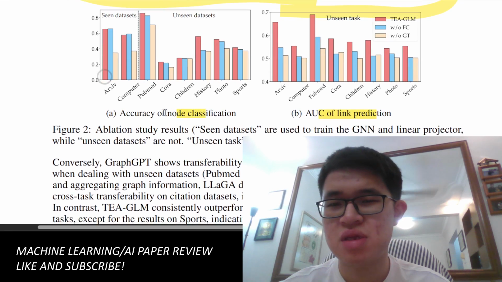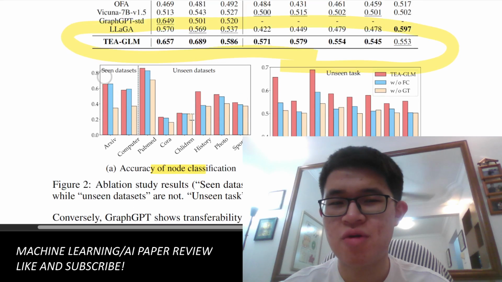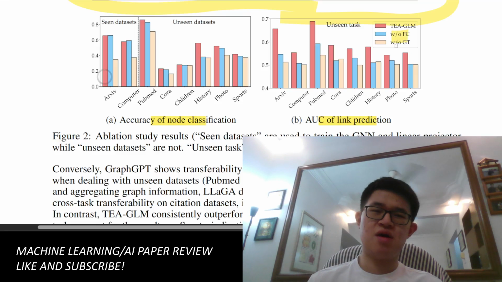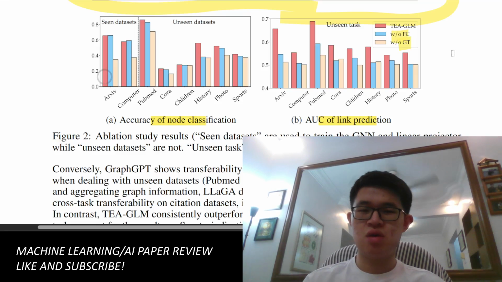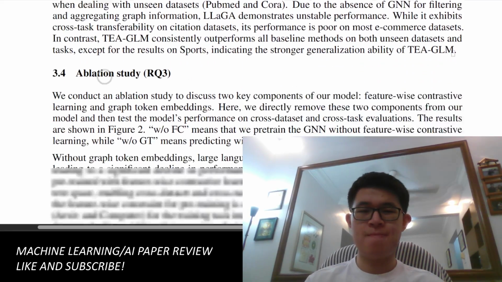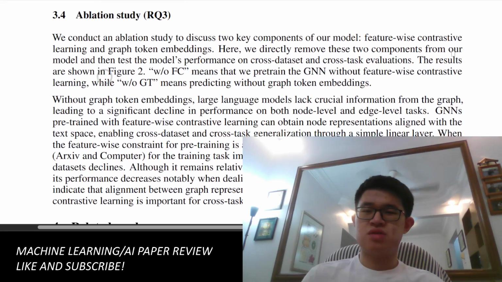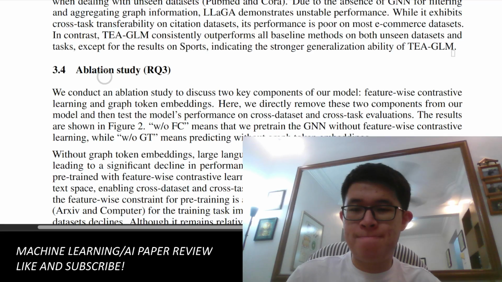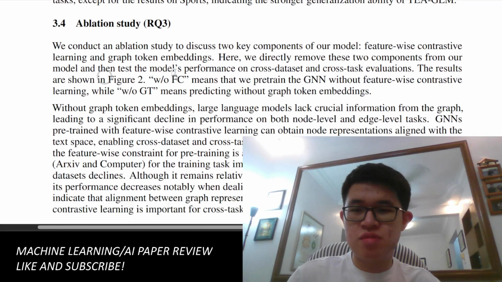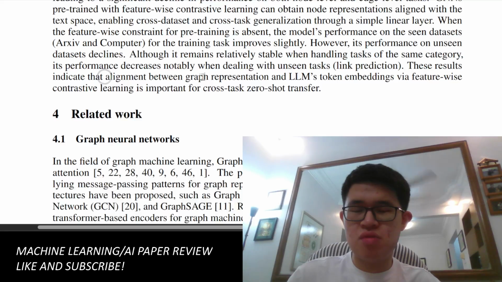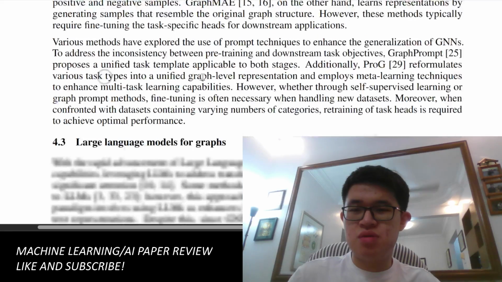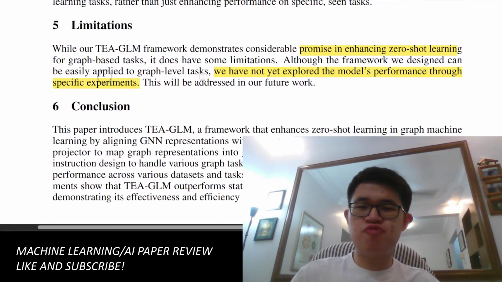But for node classification, it doesn't really drop that much if you remove any of these FC and GT components from it. Interesting. So this is some related works.